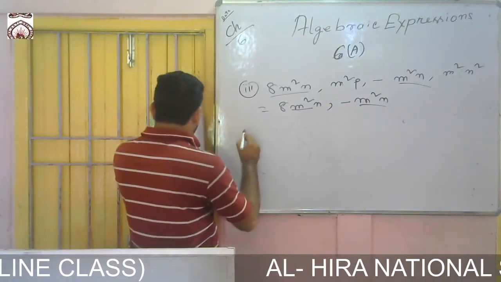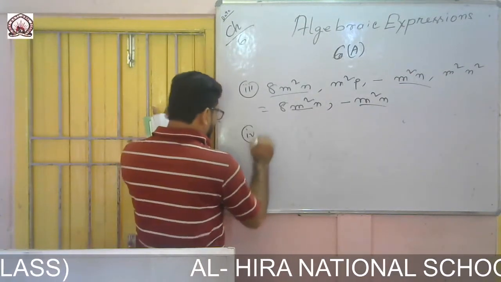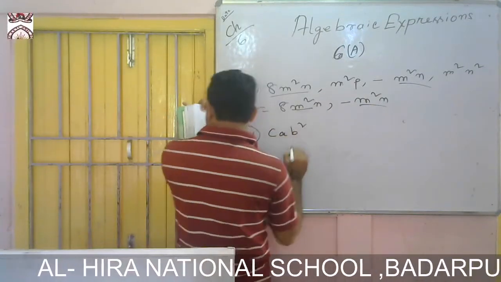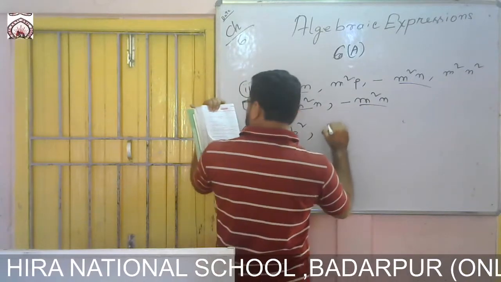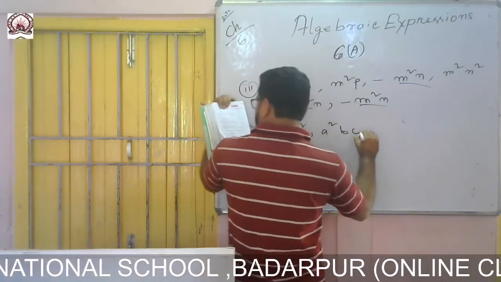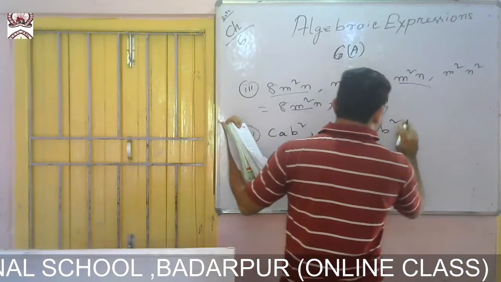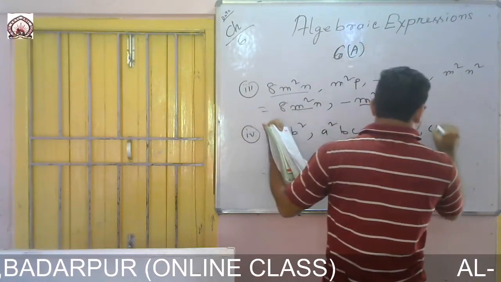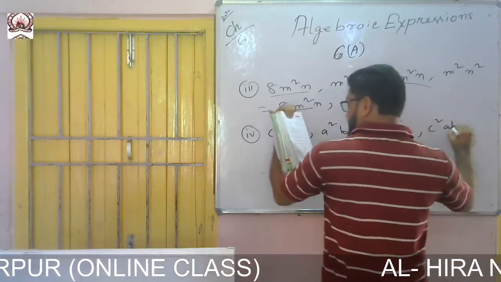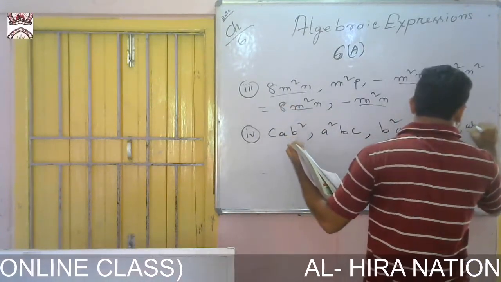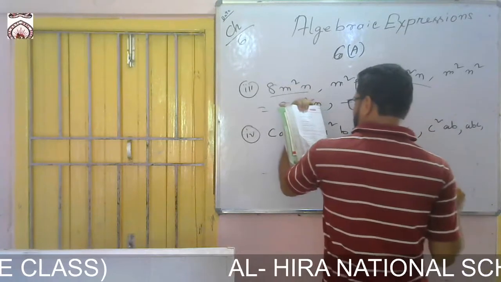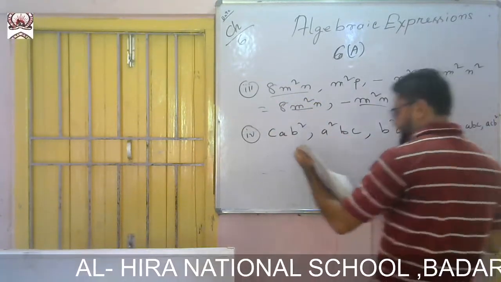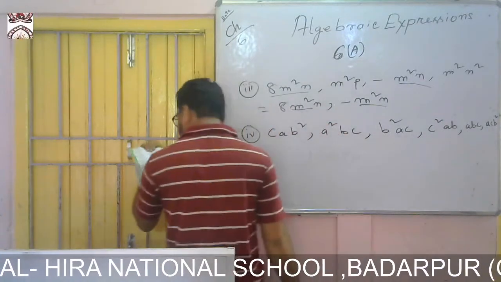Question number 4, you see: CAB square, A square BC, B square AC, C square AB, ABC, ACB square.